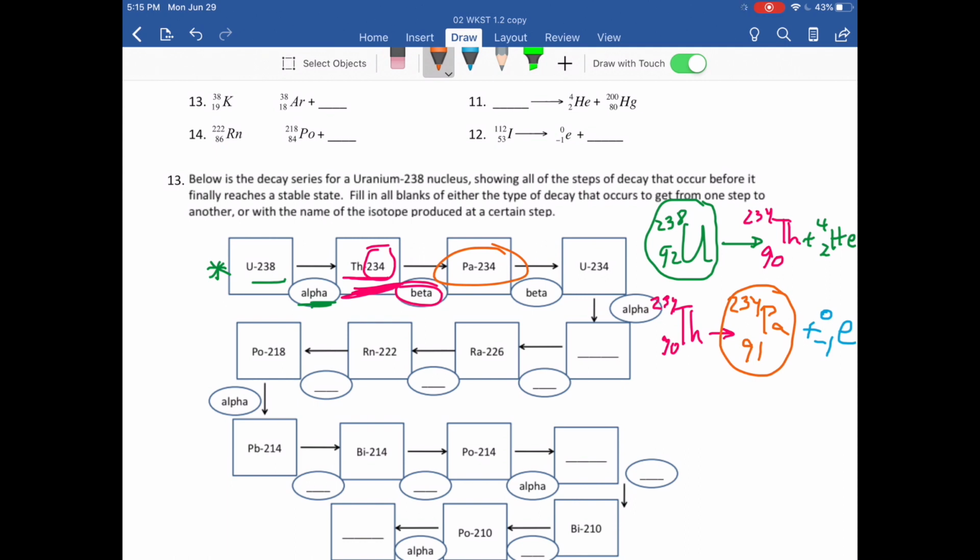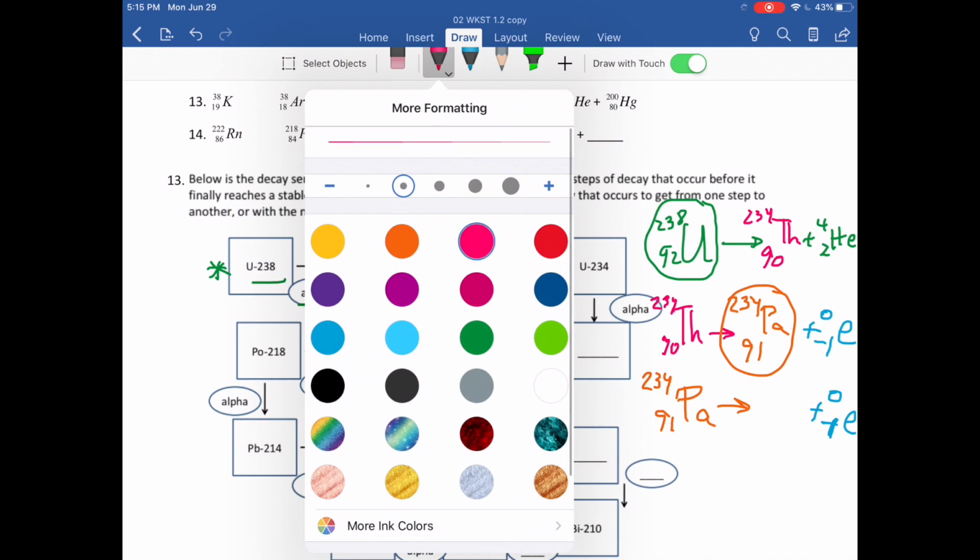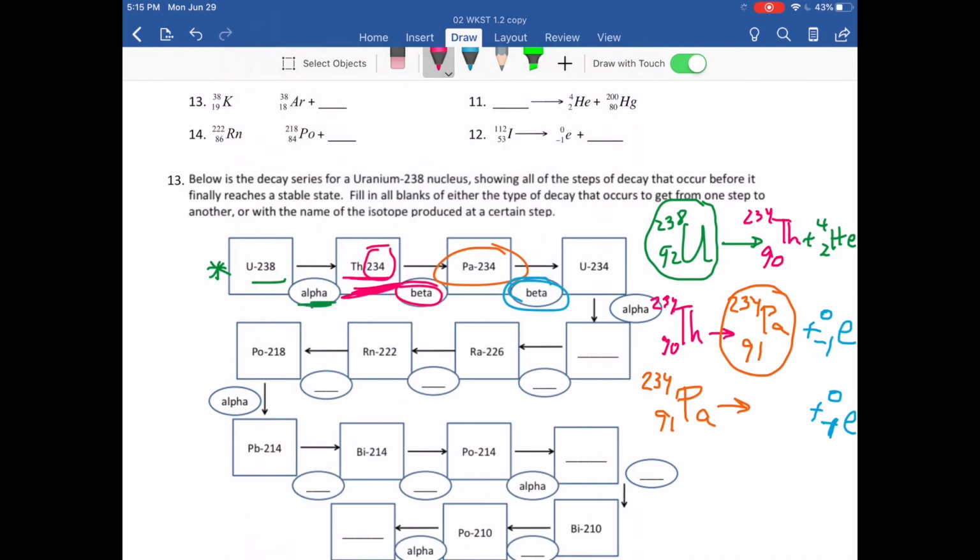So the next level would be the Pa 234 91 releases a beta particle. So 0 minus 1 e. So to find the new element, you have to find an element that has an atomic number that plus minus 1 equals 91.